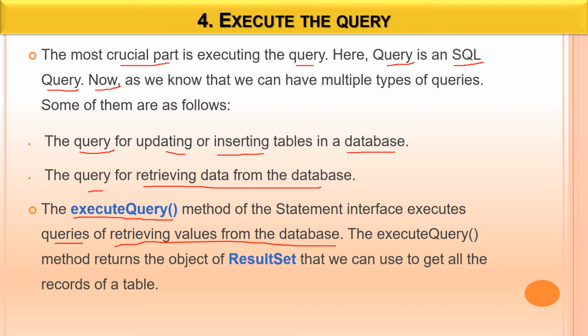The executeQuery method will return an object of ResultSet that we can use to get all the records of the table. So ResultSet will give all the records, whatever records we place in the SQL query, and they will be displayed to the programmer.